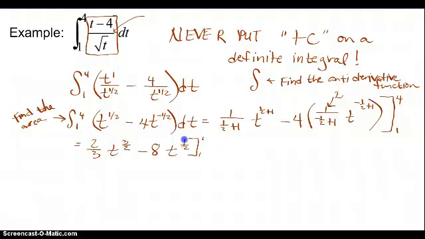And now we're actually ready to plug in our upper limit and our lower limit. So if I have more than one term in my antiderivative, I usually like to include parentheses or brackets or something that will help me keep the antiderivative at the upper limit separate from the antiderivative at the lower limit. So I'm going to plug in my upper limit into the entire antiderivative function, the whole thing. There is my entire antiderivative function evaluated at the upper limit.